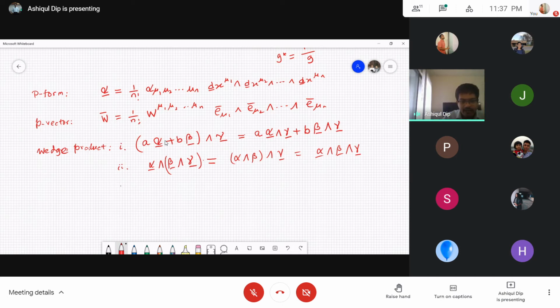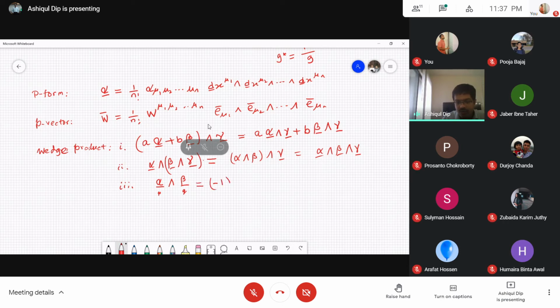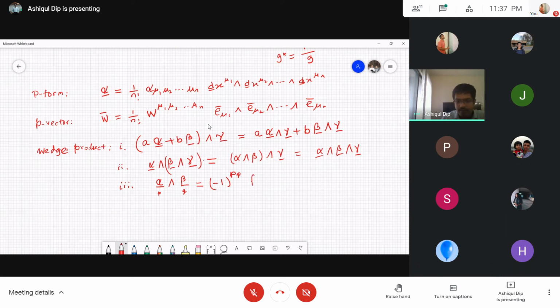Then we have the commutation relation. If alpha is a P form and beta is a Q form, then if you switch them, you get (-1) to the power P times Q, beta wedge alpha. This is how we use the wedge product.